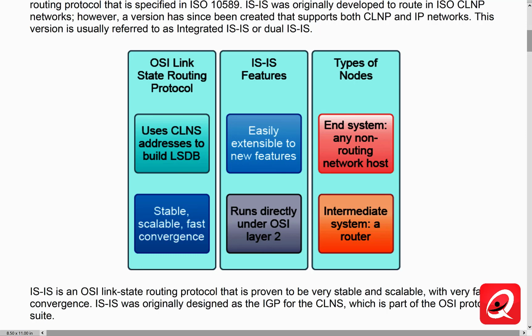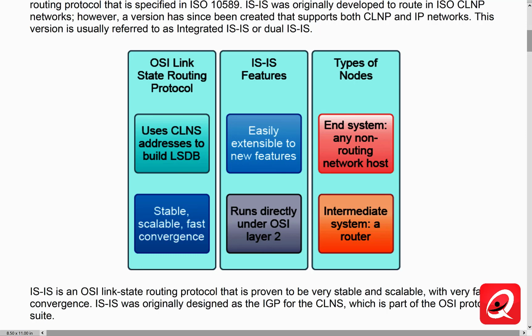All right. So we have end systems, which are our ES components. Those are the ones that are not routing. And we have our intermediate systems, which are our routers. So ISIS is an OSI link state routing protocol, very stable, very scalable, very fast to converge.